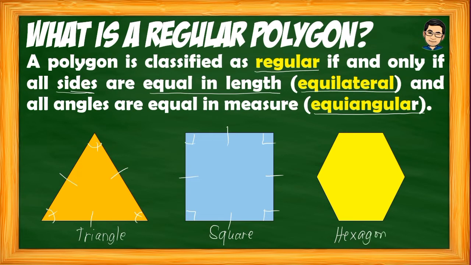Lagyan natin ng markings. Kung ang markings lang doon sa sides, equilateral hexagon yon. Pero kung both na naka-markings po yan, so angles and sides, that is what we call regular hexagon.